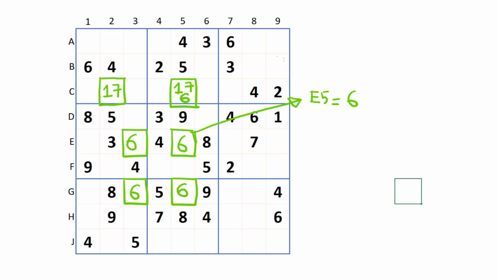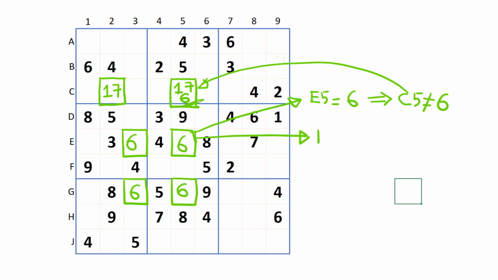If E5 is the number 6, then C5 cannot be the number 6. In another case, if E5 is not the number 6, then G5 is the number 6.